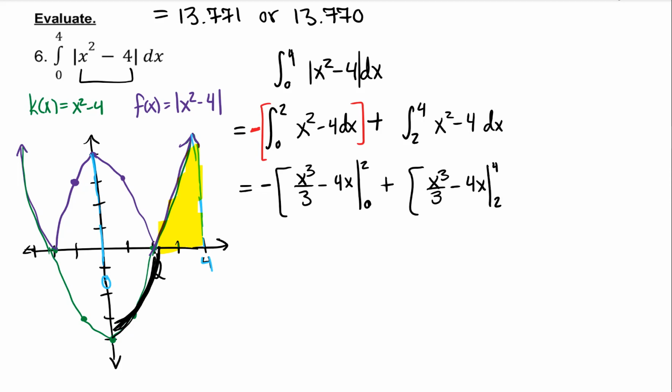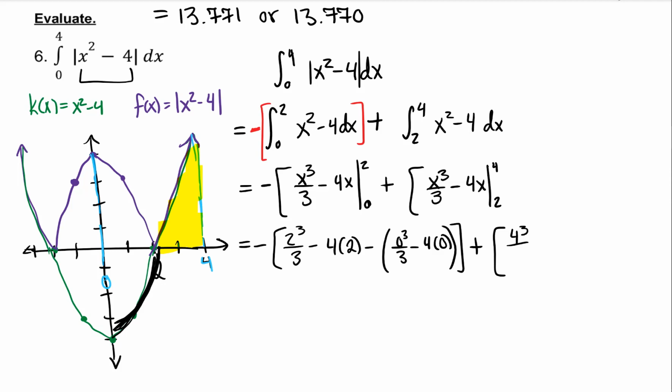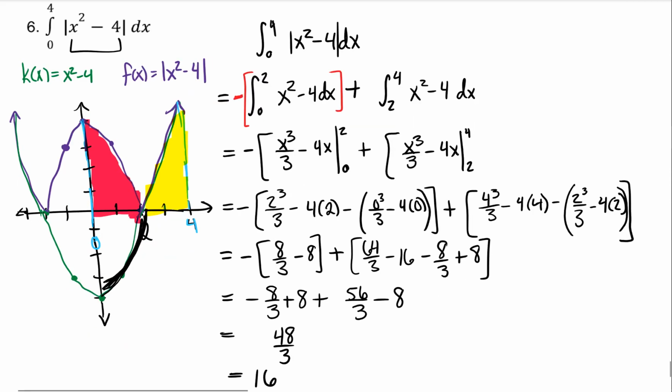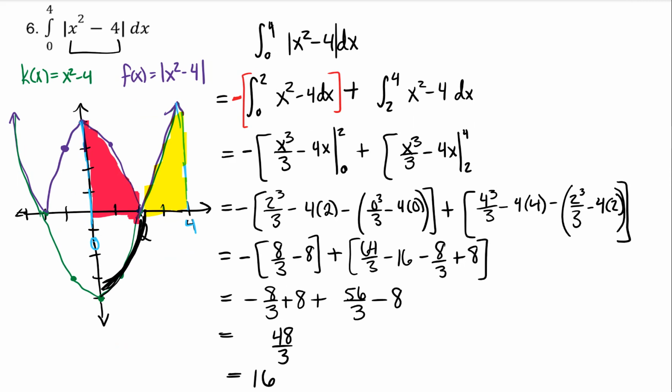And that's evaluated from 2 to 4. So the red and yellow area, the area under the curve between the curve and the x-axis, is 16.